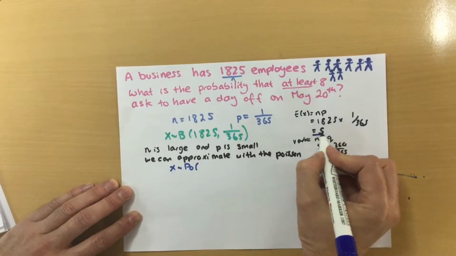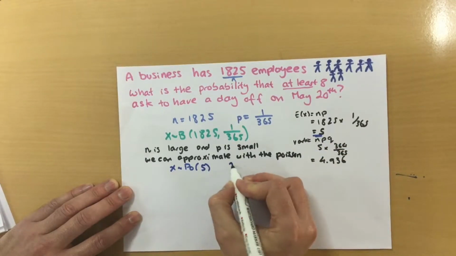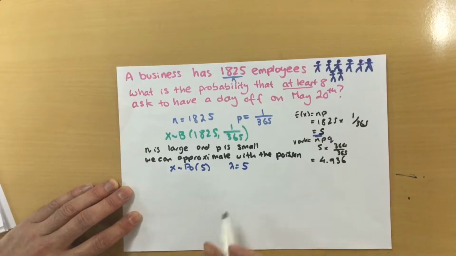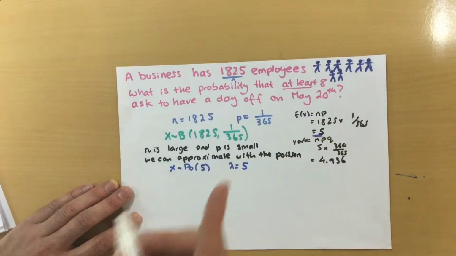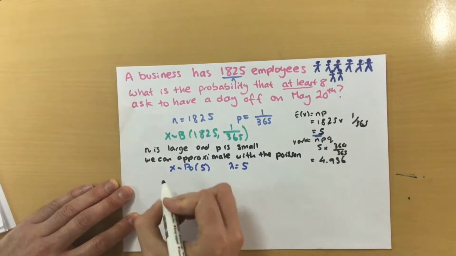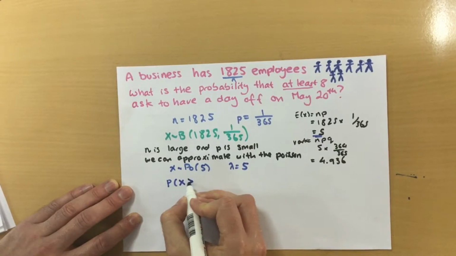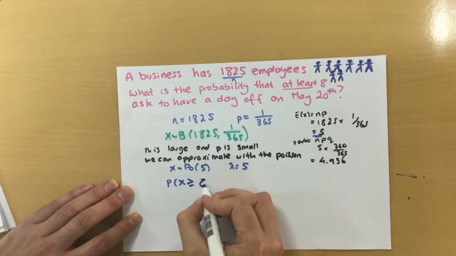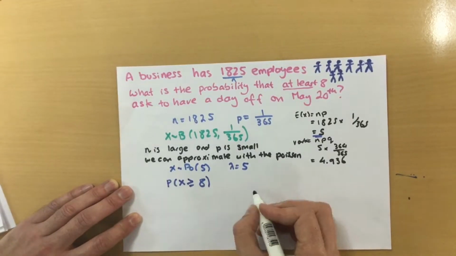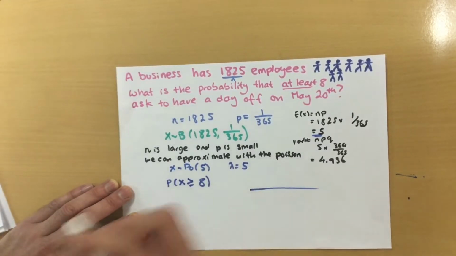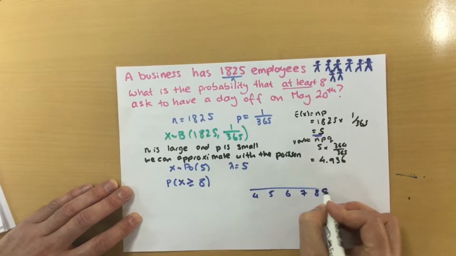I've already seen that our mean is 5, so lambda is going to be 5. We want the chance that at least 8 are asking to take a day off. So the number of people with days off should be bigger than or equal to 8. Quick number line, because that's not in our books. Remember, the books only do less than or equal to, so 5, 6, 7, 8, 9.